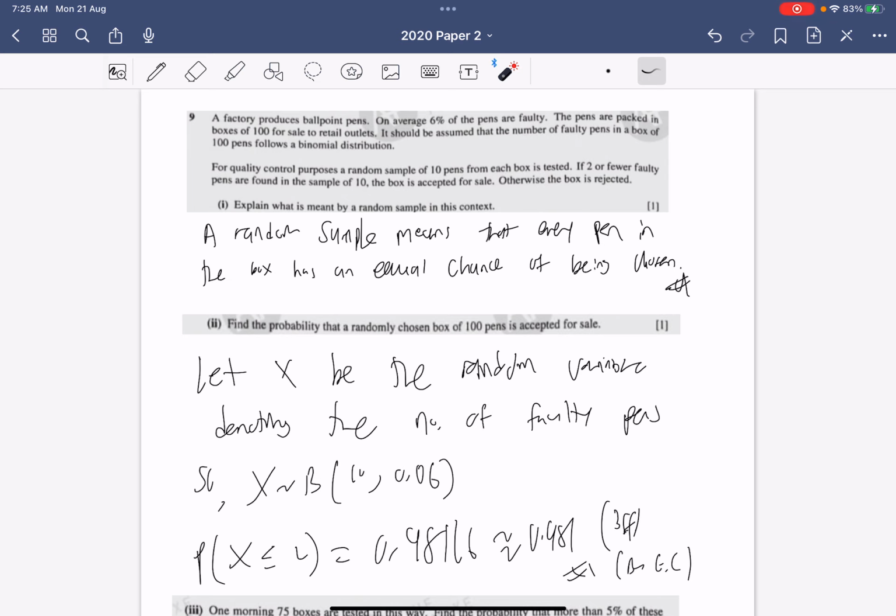If 2 or fewer pens are found faulty, then the box is accepted, otherwise it's rejected. Now we have to explain what is meant by a random sample in this context. Based on practice, we know the definition, which we always state: a random sample means that every pen has an equal and independent chance of being chosen.